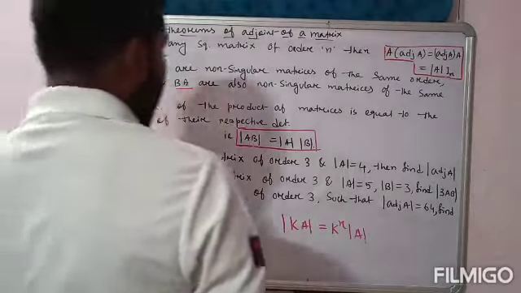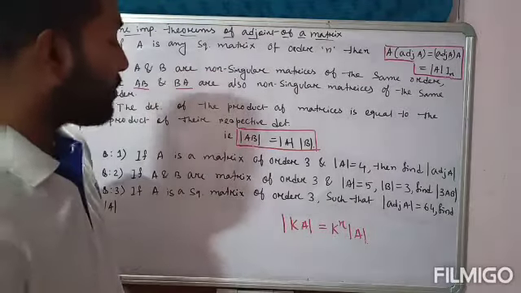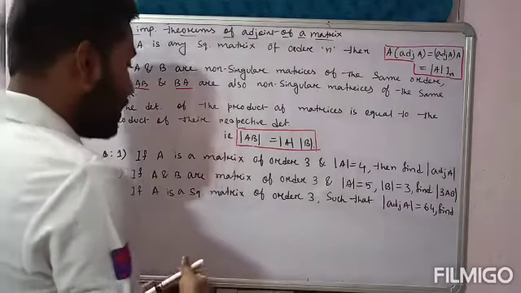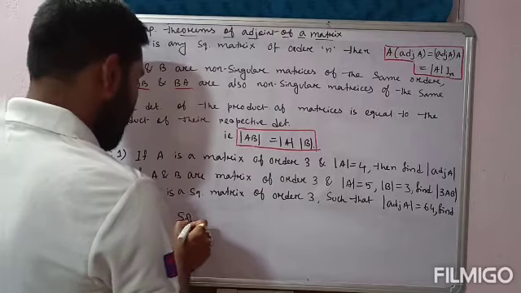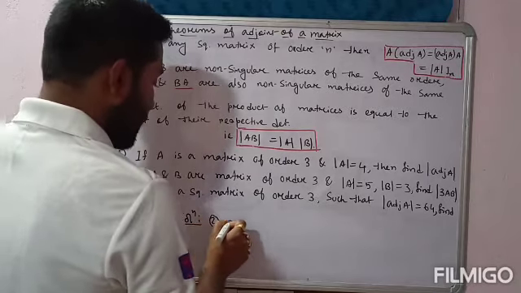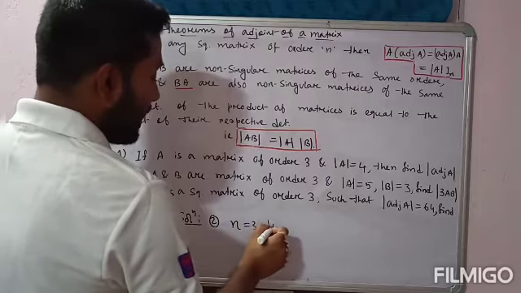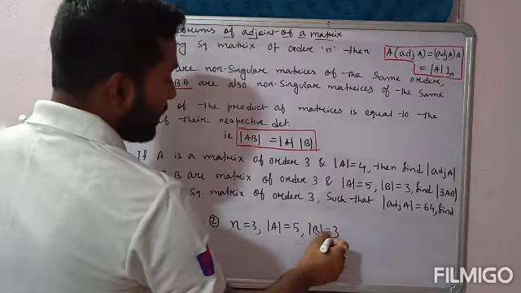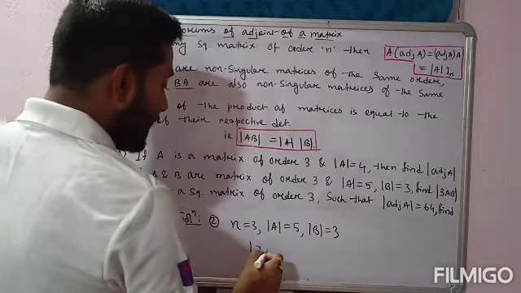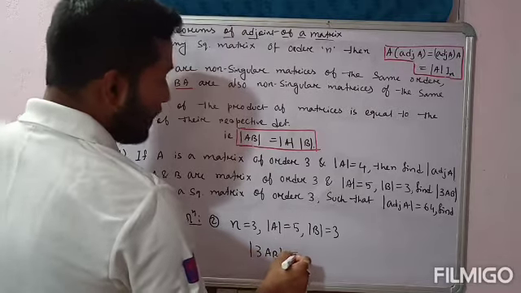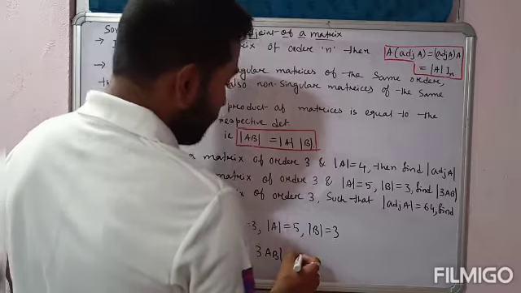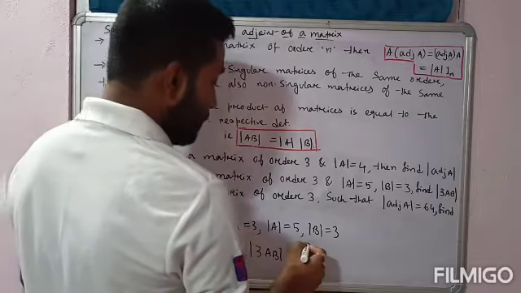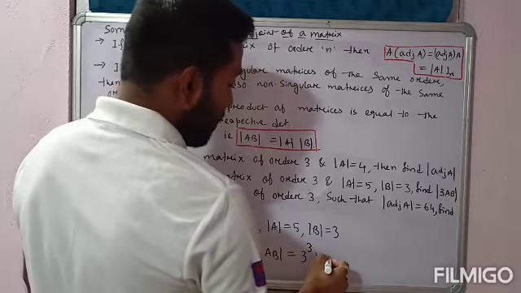Now according to the question, A and B are matrices of order 3, which means n is equal to 3. Solution number 2: here n is equal to 3, determinant A is equal to 5, determinant B is equal to 3. Then what will be the value of determinant of 3AB? Determinant of 3AB is equal to 3 to the power n. What's the value of n here? n is 3. 3 to the power 3 into determinant of AB.